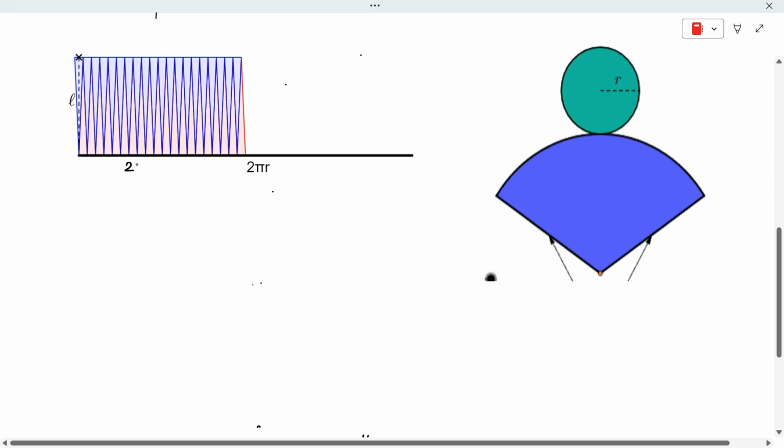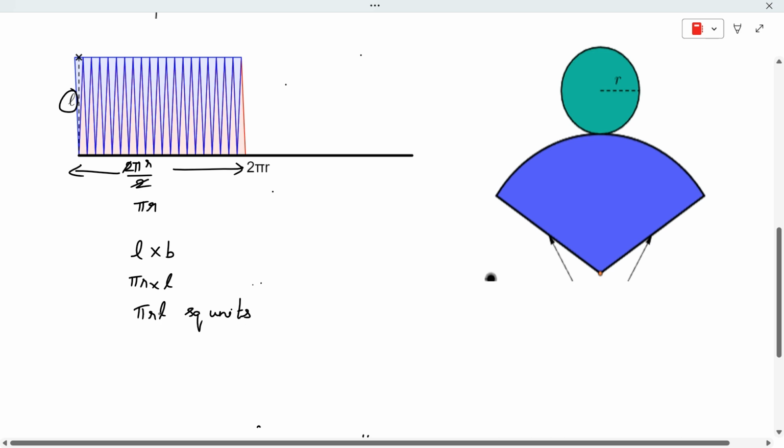So this will become 2 pi r by 2. The full length is 2 pi r and half of the length is going to be 2 pi r divided by 2. So now the length of this rectangle becomes pi r and the breadth of this rectangle becomes L, right? So what is the area of a rectangle? Area of a rectangle is nothing but length times breadth, which is pi r times L, which is pi r L square units.